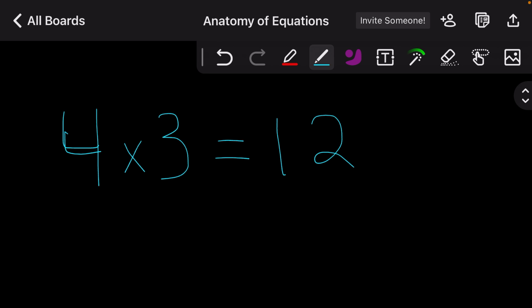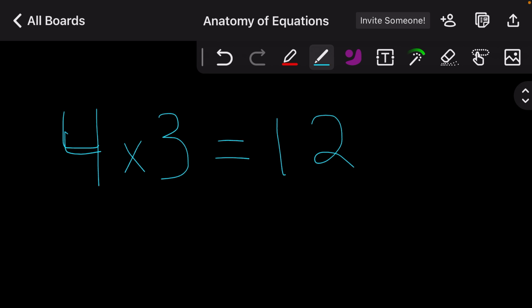And that's what we're going to talk about, because believe it or not, knowing the anatomy of equations, even simple equations like this one, really does help for when equations start to look more complex. But for this example right here, 4 times 3 equals 12.